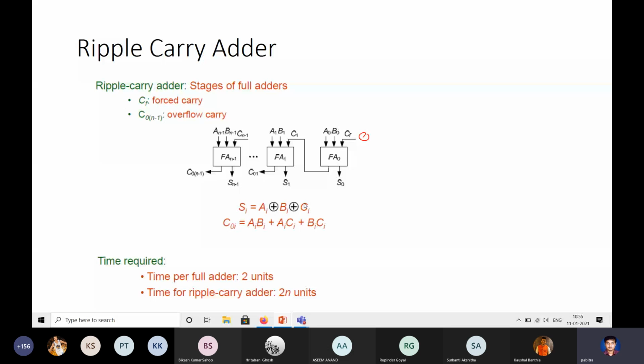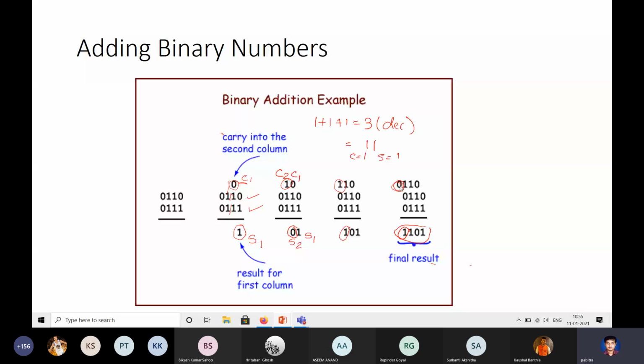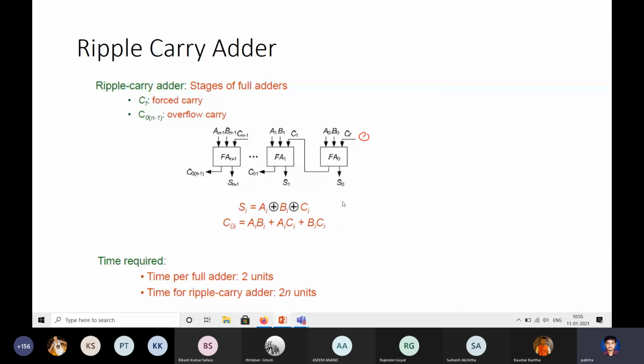So if we call Si the sum output of the ith stage, you can see the output sum Si is Ai XOR Bi XOR Ci, because each of these is a full adder.